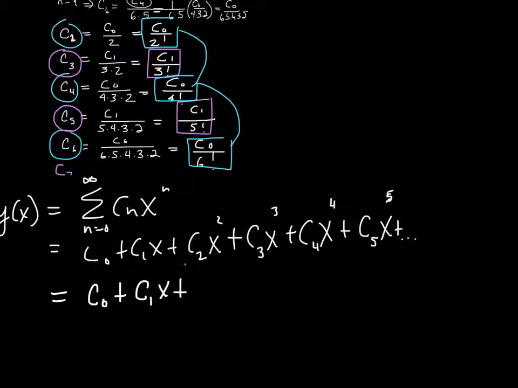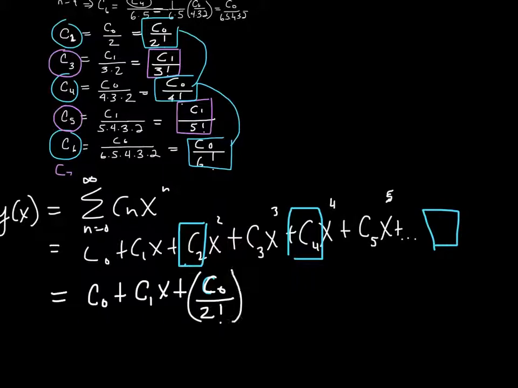Well, C2 is C0 over 2 factorial x squared, plus C3. C3 is C1 over 3 factorial x to the third. Okay, so maybe this is the blue, this is the purple.